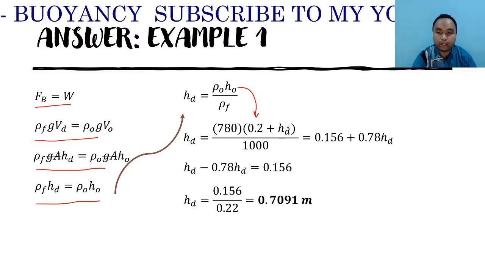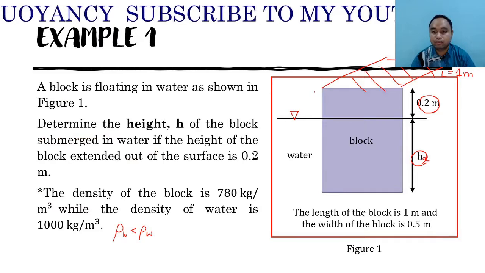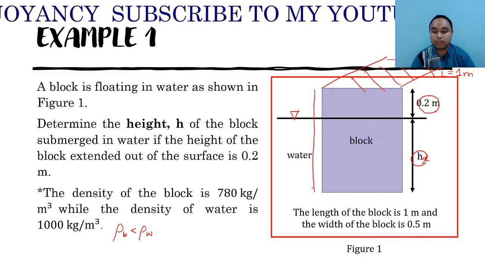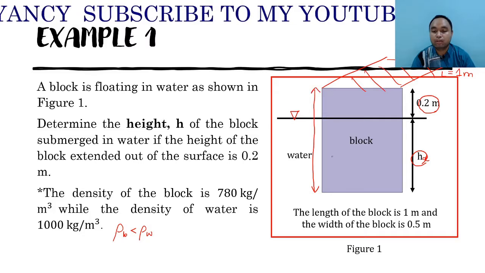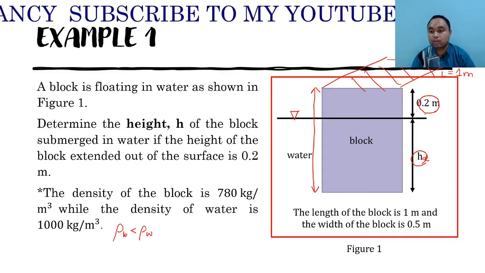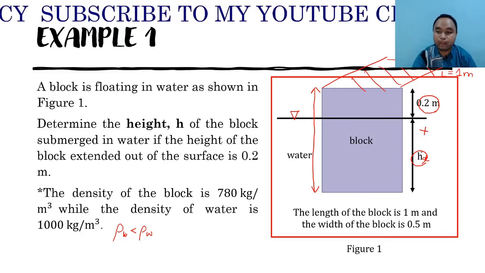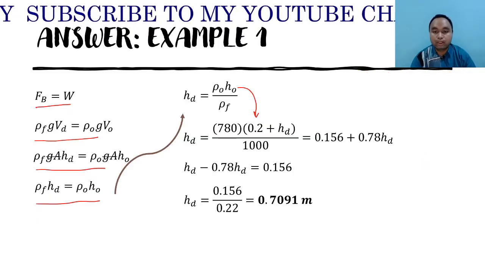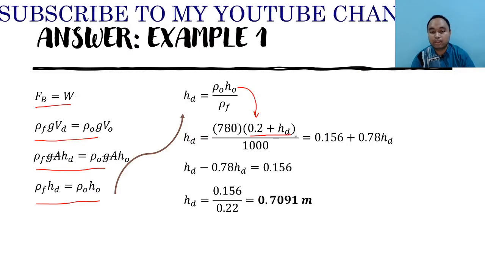How do we find this number? We find it from this picture. HO is the total height from the top of the block to the bottom of the block. So the total height should be 0.2 plus the HD that we have down here. This is the reason why the equation here is 0.2 plus HD.